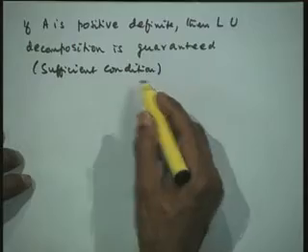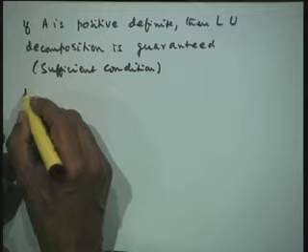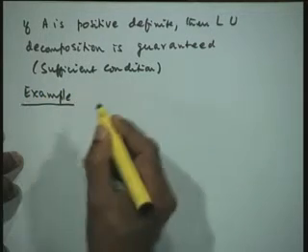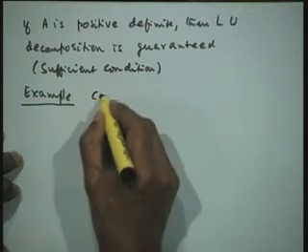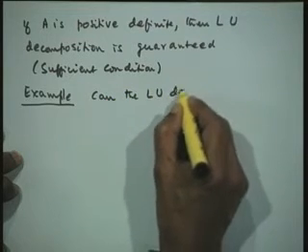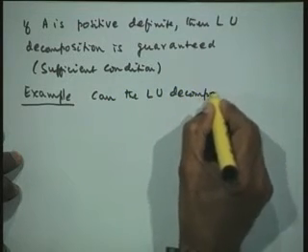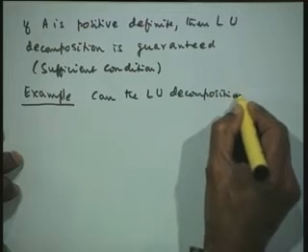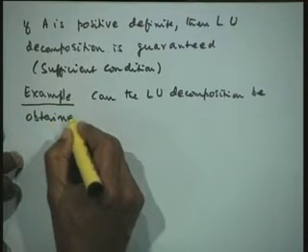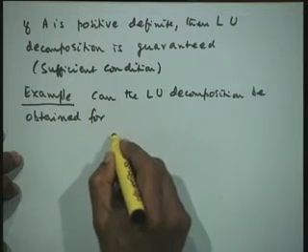Let us take first a simple example wherein our procedure may fail. Let us write the question like this: can the LU decomposition be obtained for the given matrix A?